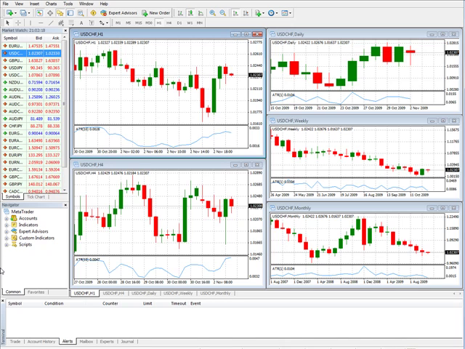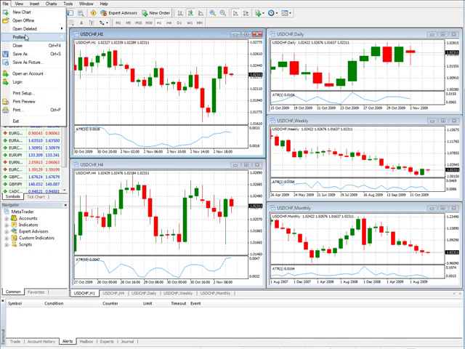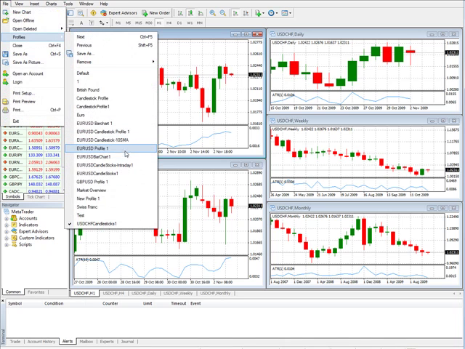Now here's something that you'll notice when we do this: all the trading lines from our orders showing where our orders would be are gone. That's because we don't have any orders in this particular currency pair, but we do have orders in the euro dollar US dollar. I'll just pop back over, go to profiles.